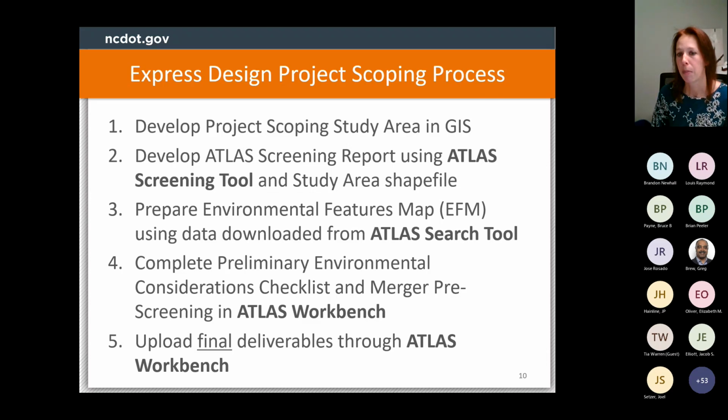The third is preparing an environmental features map using data that you've downloaded from the search tool. The fourth step is to complete the preliminary environmental considerations checklist and the merger pre-screening. And then the final step is to upload the final deliverables.